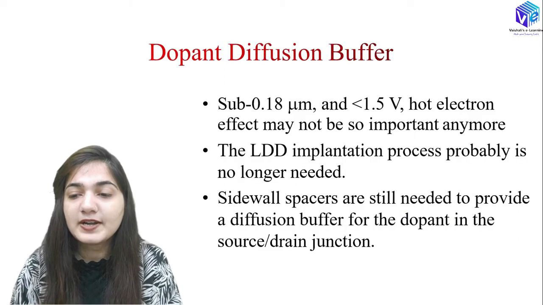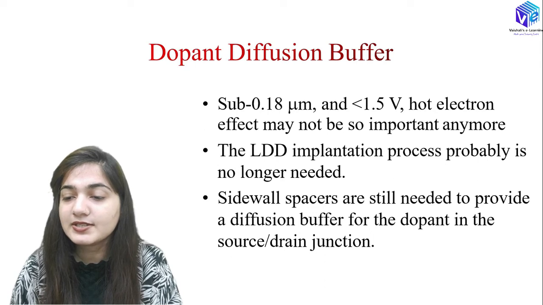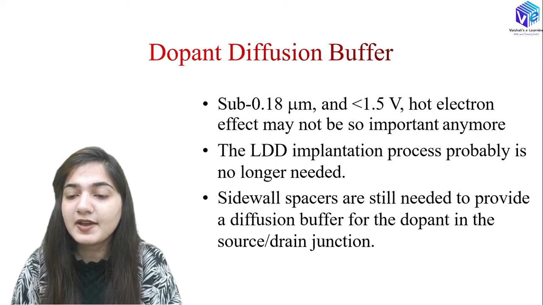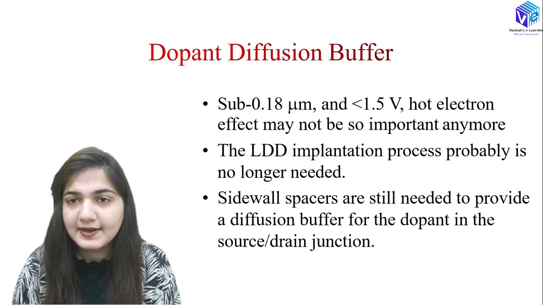So now coming to the dopant diffusion buffer. So what is this? Whenever I have the feature size 0.18 micrometer and the voltage is lesser than 1.5 volt, then the hot electron effect may not be so important anymore, because here the voltage is less. The lightly doped drain implantation process is not needed because the hot electron effect is not there.